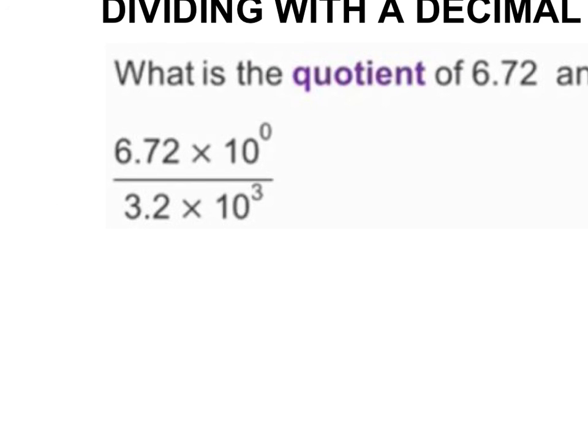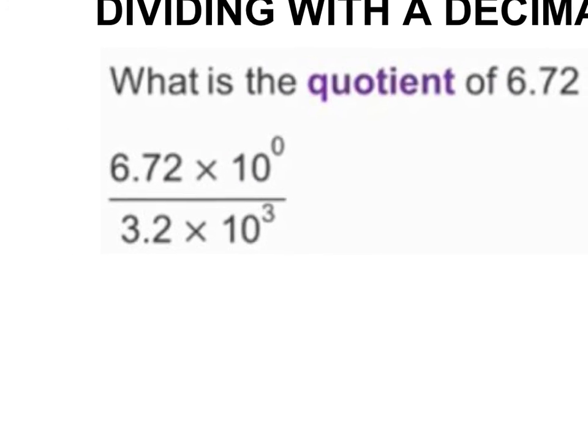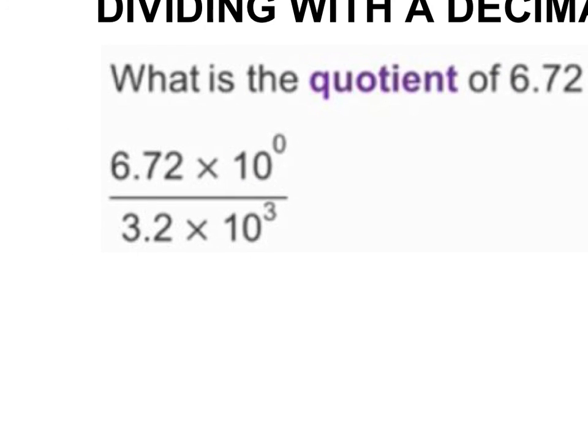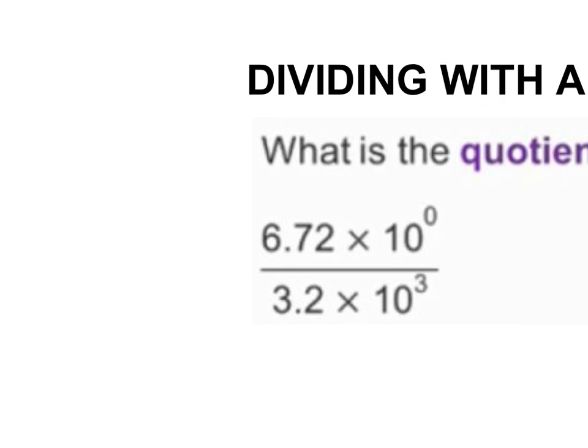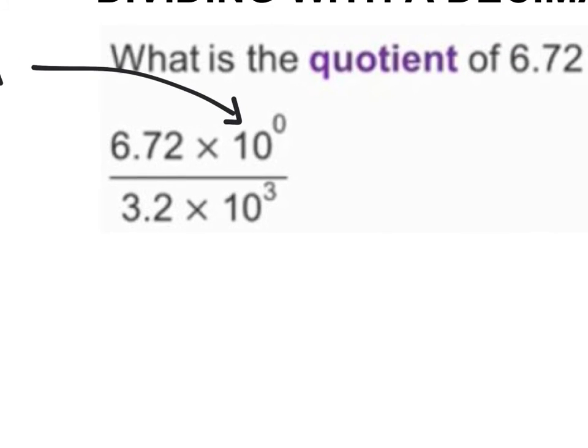If I'm taking a number, 6.72, and dividing it by a number in scientific notation, then I have to multiply this number by 10 to the 0. Remember, 10 to the 0 is just 1, so I'm not changing the value of this number, I'm simply putting it in so I have values to work with.